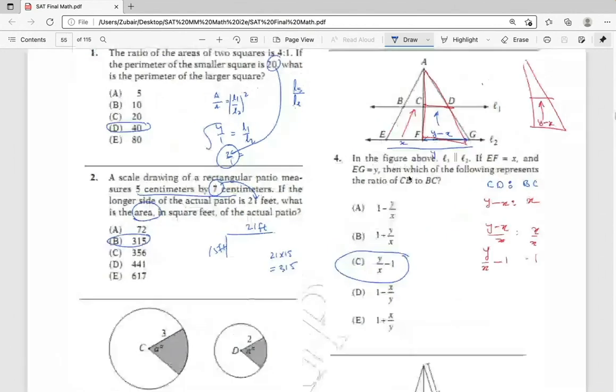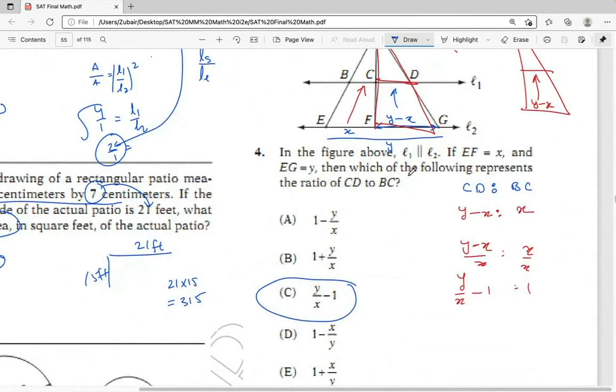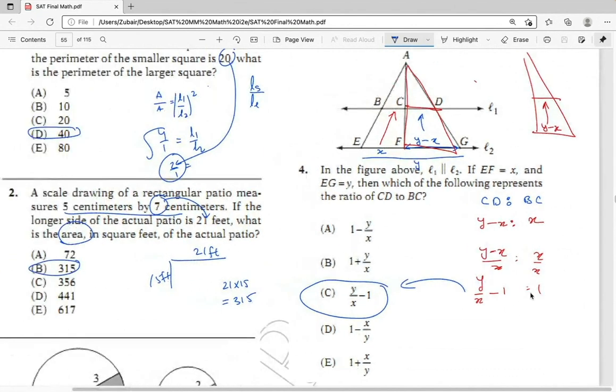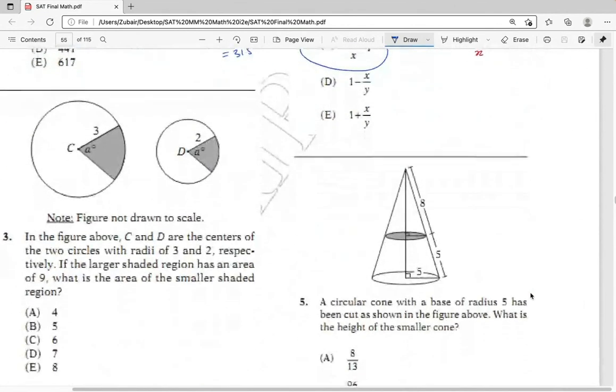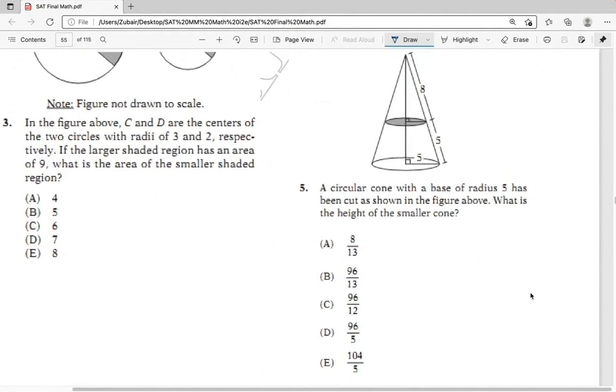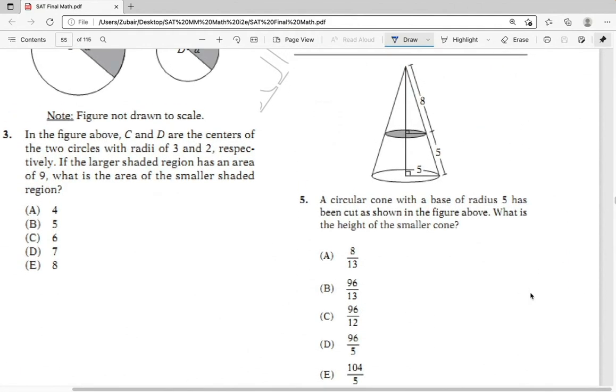Okay, thank God I saved that on time. So this is what we get. Number 5, concept of similarity and Pythagoras theorem.